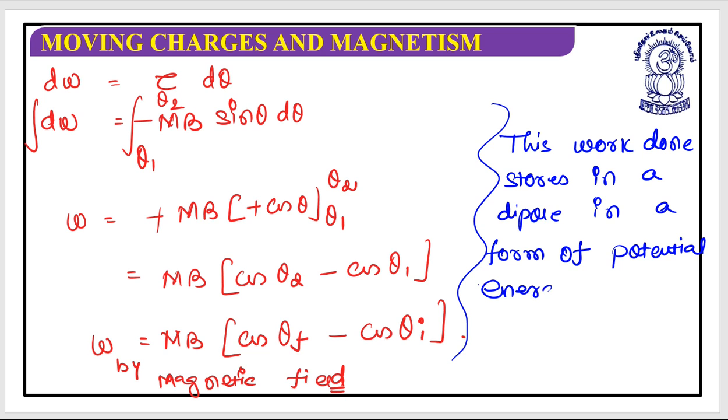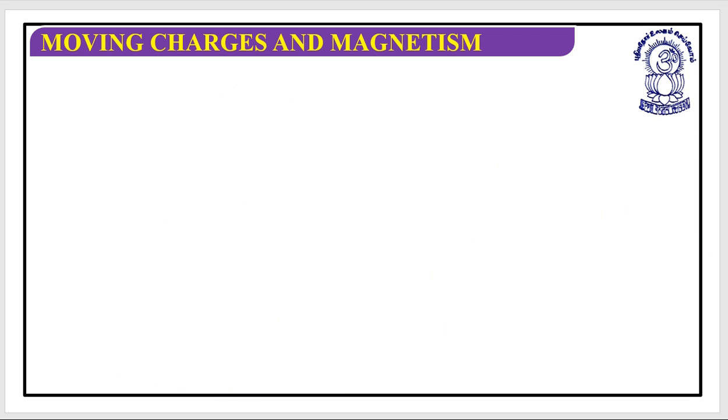So this is the work done required, and if we perform this work, it will be stored in a dipole in the form of potential energy. So this work done is equal to MB into cos theta final minus cos theta initial. This could be written like this. I hope this is clear. Is it clear? Now let's discuss this in more detail. The situation is that this is the magnetic field.